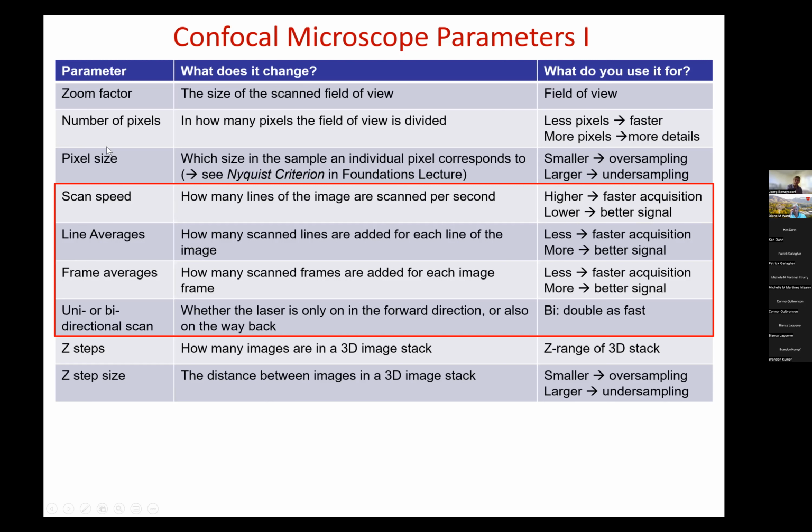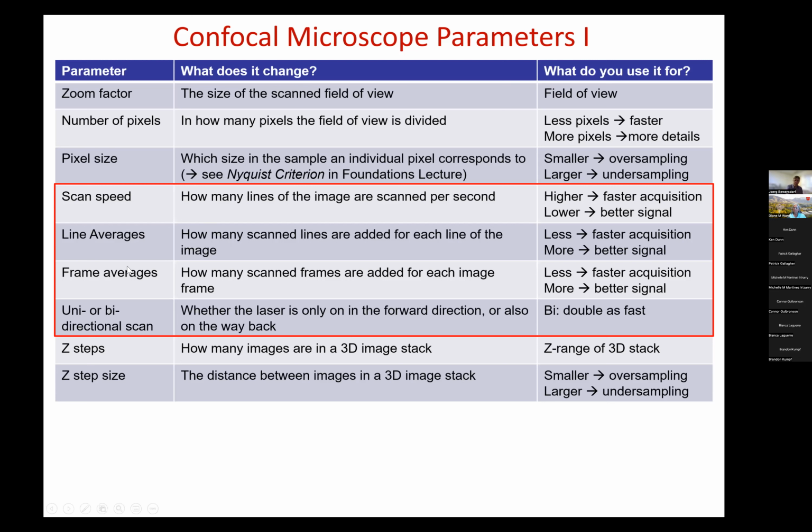You can also typically select line averages and frame averages. That means how many lines are summed up to form the line that is then displayed in your image, or how many frames are added up before the microscope says the image is finished acquiring.